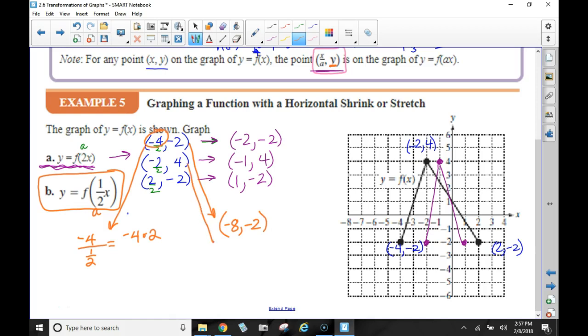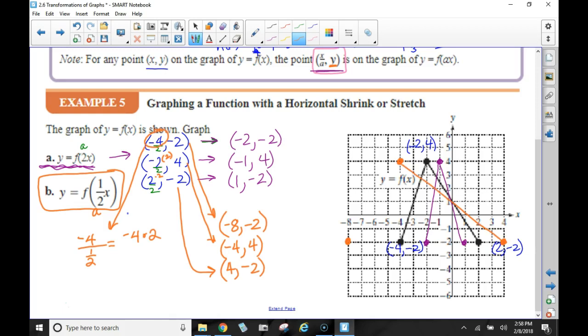For this one, multiply that by 2, and we have -4, 4. And multiply this one by 2, and we have +4. That's for this one right here. We have 4, -2. Okay? So if we graph each of those, -8, -2, -4, 4, and 4, -2, you can see that I'm going to try to draw straight lines here.